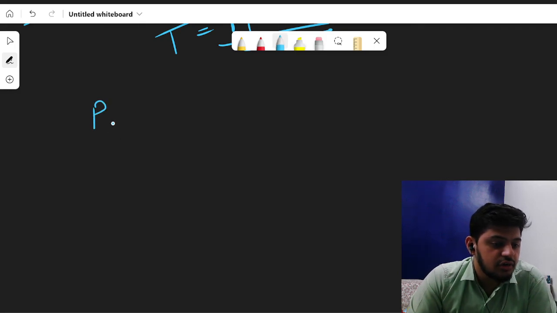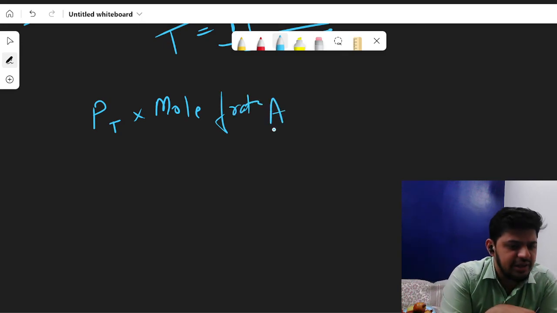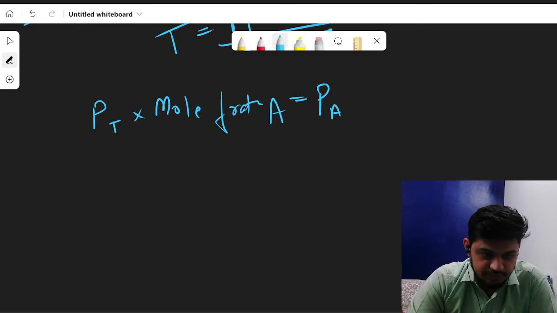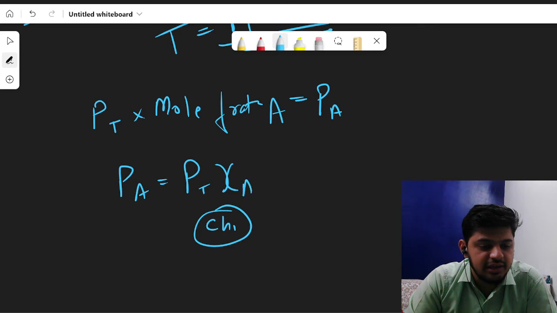The total pressure multiplied by the mole fraction of A, which can be either one gas or the second gas, any A, of any one gas, will be equal to the partial pressure of A. You can write that PA equals P total times chi A, and this chi is the mole fraction.